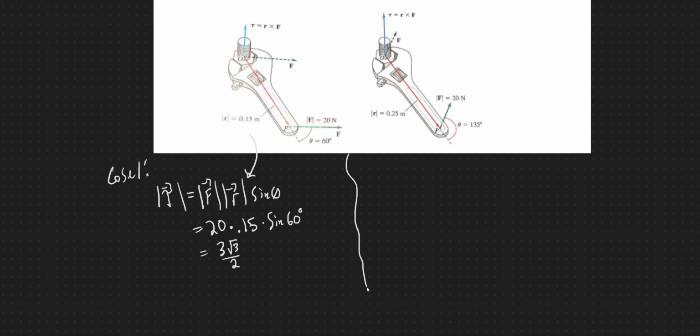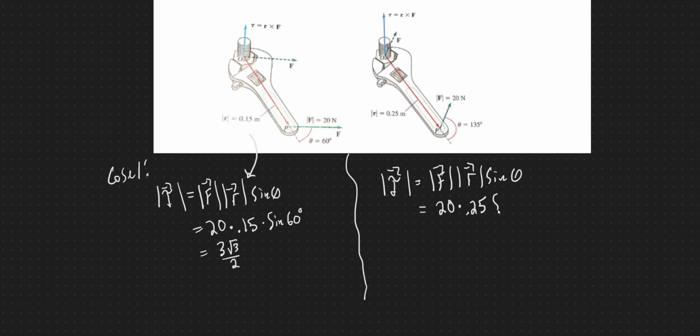In the second case, again, the magnitude of our torque is magnitude F times magnitude of our lever arm times sine of the angle between them. Magnitude F is 20 again, but now our lever arm is different. It's 0.25 meters, so that's the magnitude of our lever arm.